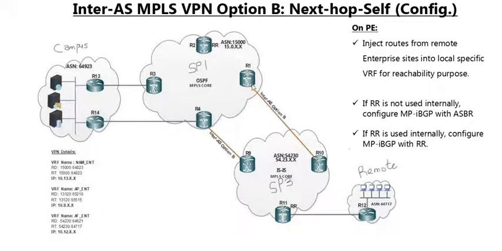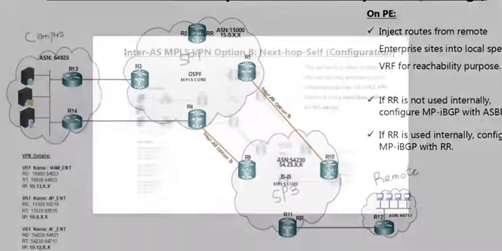That means as the ASBR receives those prefixes from the remote service provider, it will rewrite whatever it has for the RT, the route target, to become the local route target that is known to this PE particularly. In that case, the PE receives those prefixes directly without you having to do this. I will do a video that captures that one, but I hope this will be helpful.